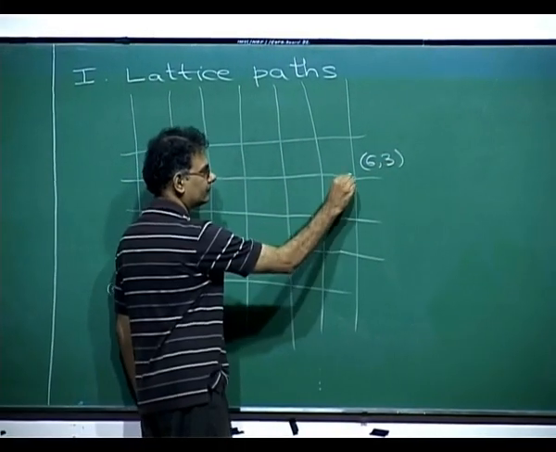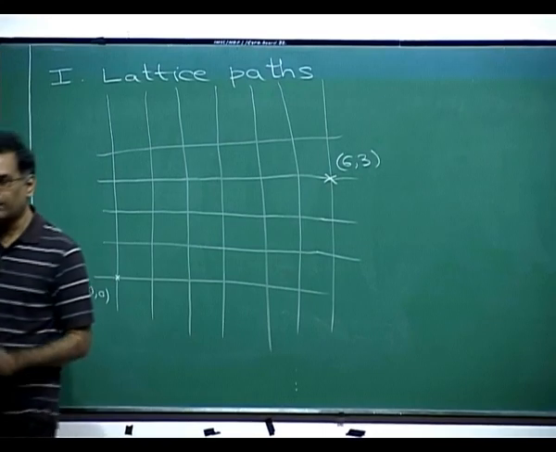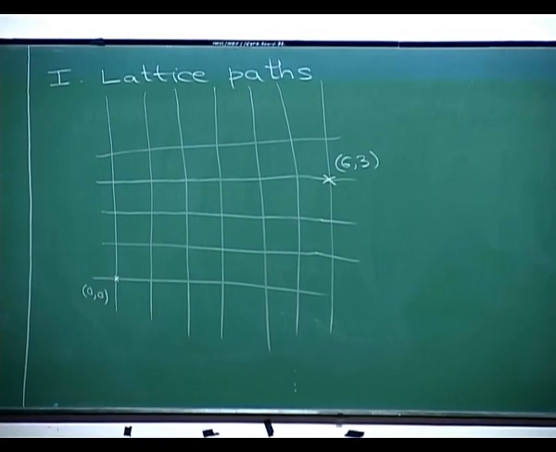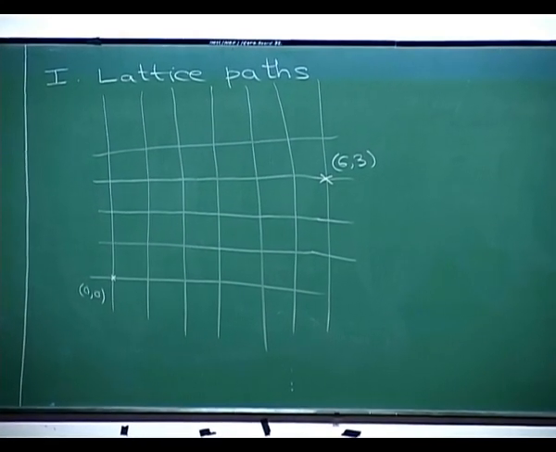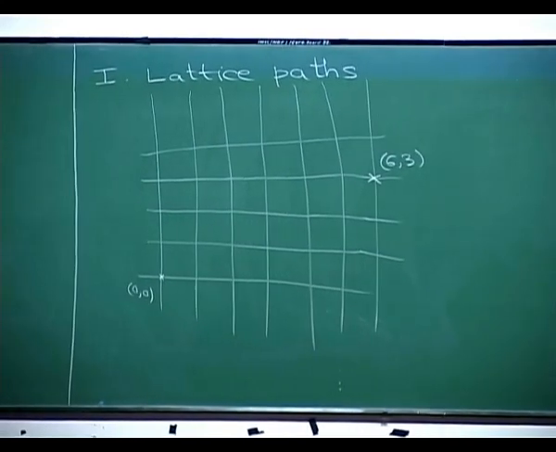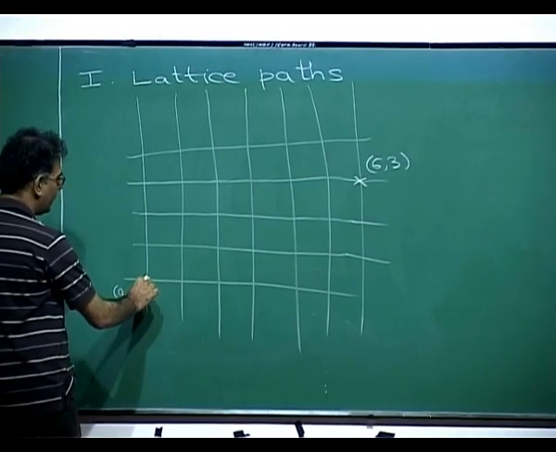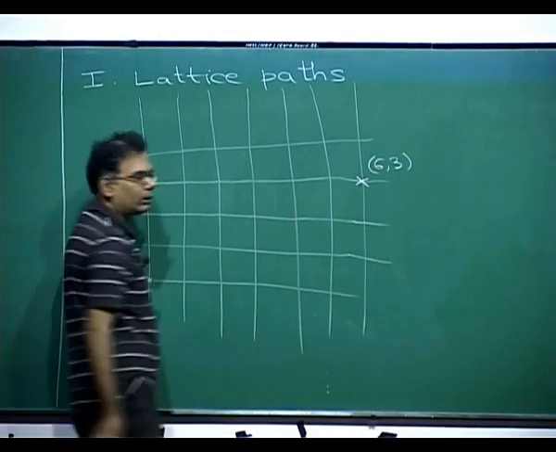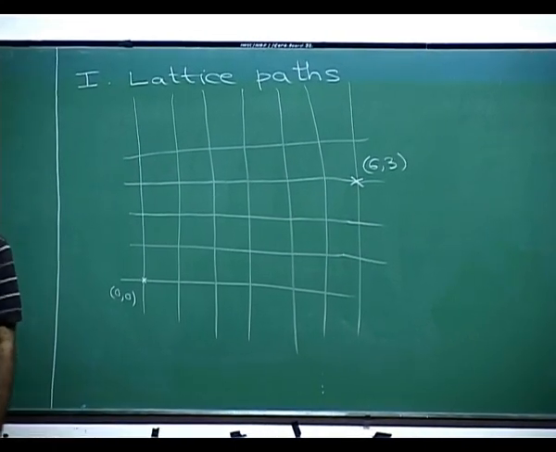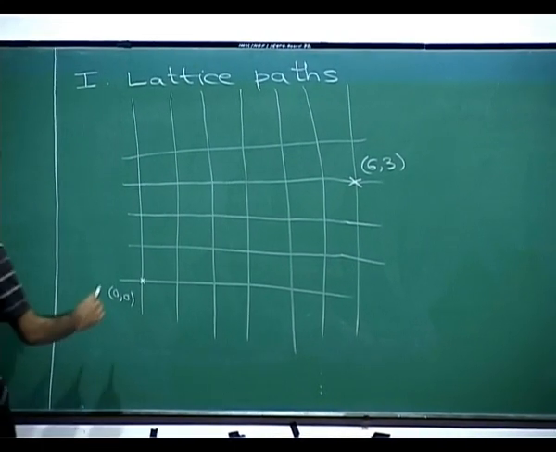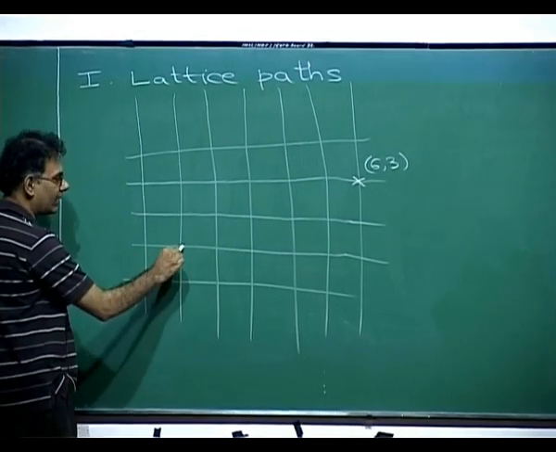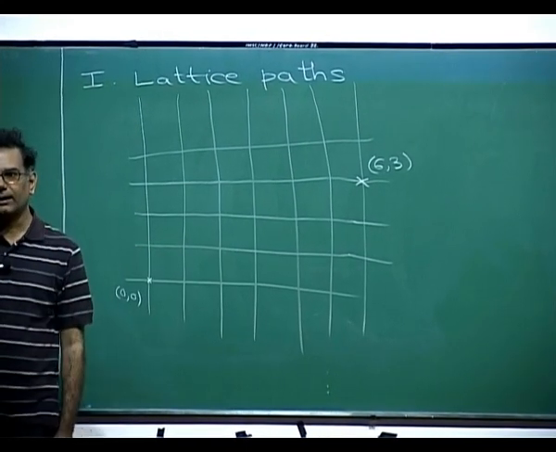6, 3. So 2 points in the plane with non-negative integer coordinates, and what we want to know is we would like to get from 0, 0 to 6, 3. So we want to get from here to there, and we want to get to it following certain rules. Each step we can take can be either up or to the right, and each step is exactly 1 unit in length.